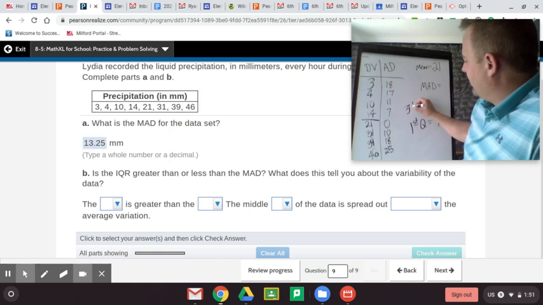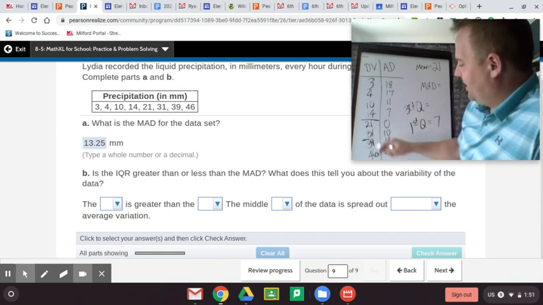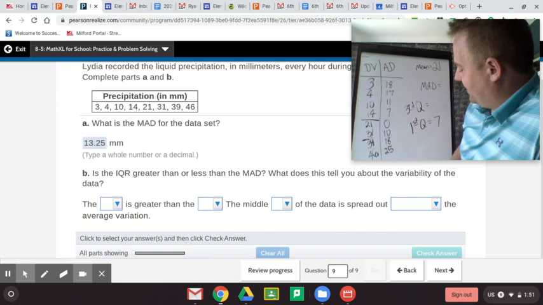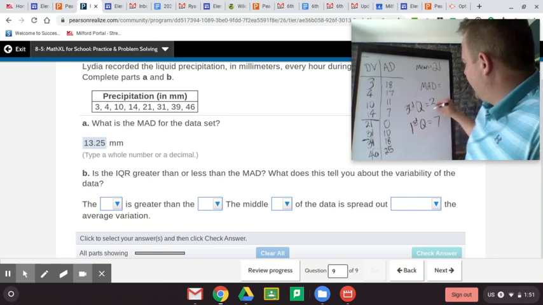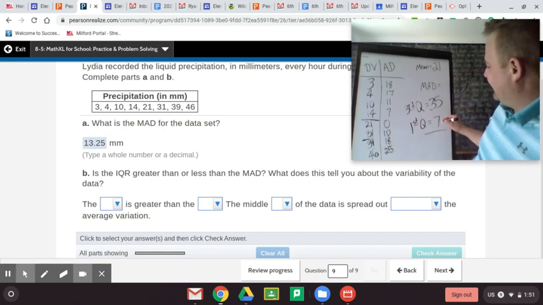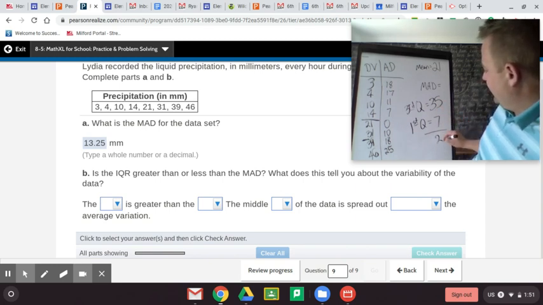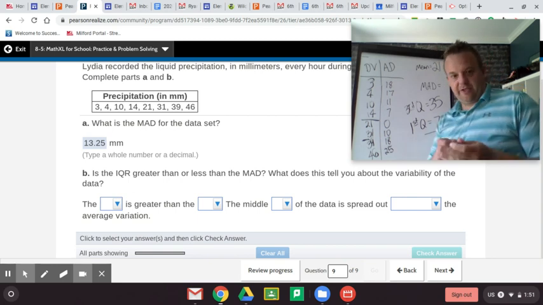The third quartile is 31 plus 39, which is 70. And then 70 divided by 2 is 35. So now the interquartile range is 35 minus 7, the third quartile minus the first quartile. And that's 28.